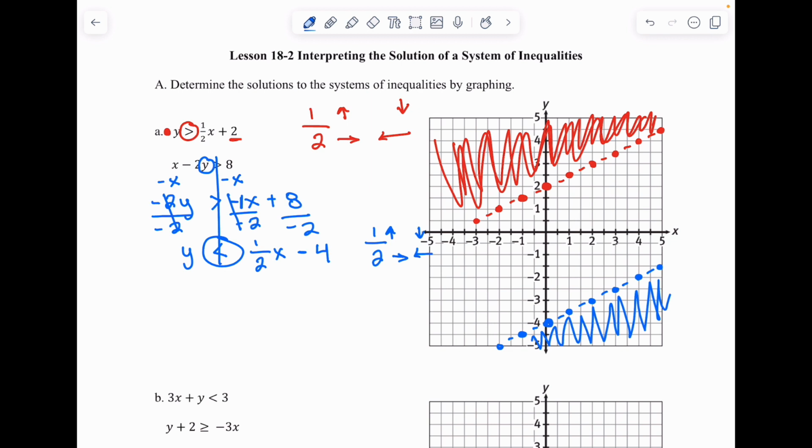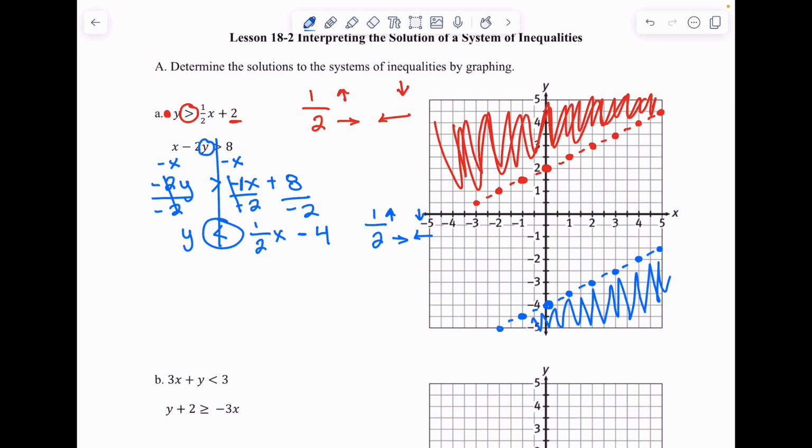And looking at this graph, it looks like my boundary lines are parallel. I can tell this because both of my inequalities had the same slope. Parallel lines have the same slope. So if you ever see two equations or two inequalities with the same slope, you know they're going to be parallel. And in this case, the shading went away from each other.